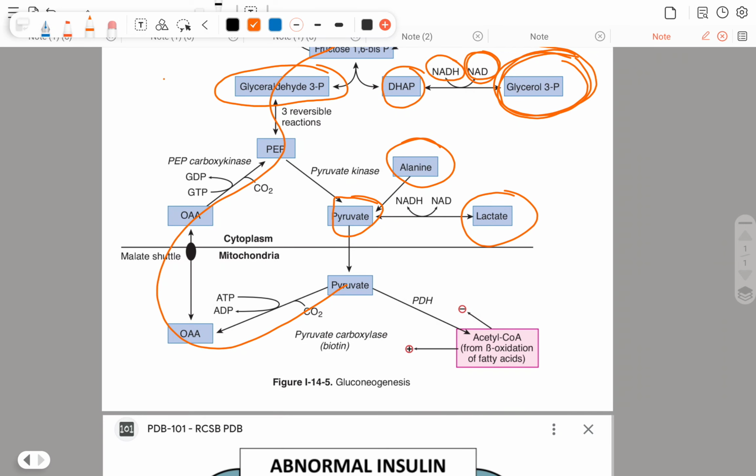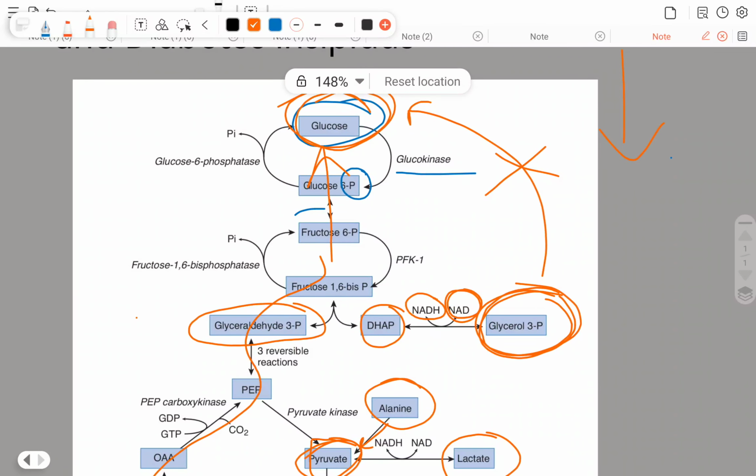And that's the alanine. Alanine comes from the muscle. When the liver says to the muscle, I need alanine for forming the glucose, the muscle says that I can give you any amount of alanine that you want, and alanine converts to the pyruvate, and the net result is formed to the glucose.